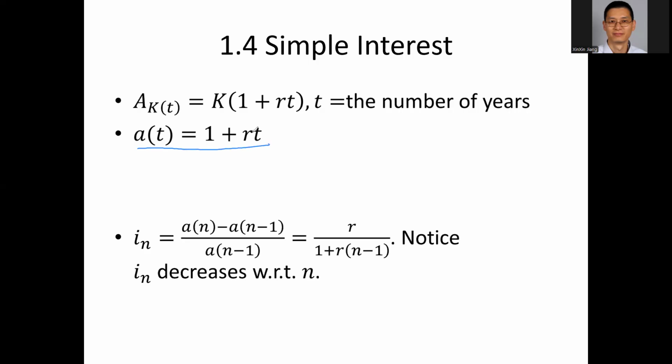R is the interest rate annually. T is the number of years. Capital A, the amount, equals K, the principal, times 1 plus RT. So this is A of T, and K is the principal. And a key fact is that these two functions are linear. That's important: linear functions for the accumulation function and the amount function.